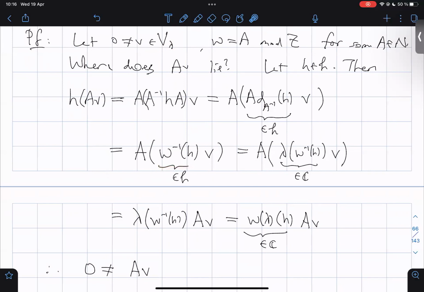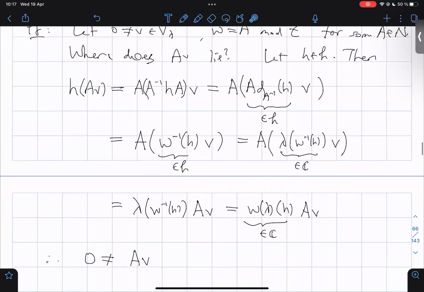So it's the definition of what a weight vector is. The notation is a little bit heavier, but just think this is an element of H. So I shove that element into the functional, I get a number.